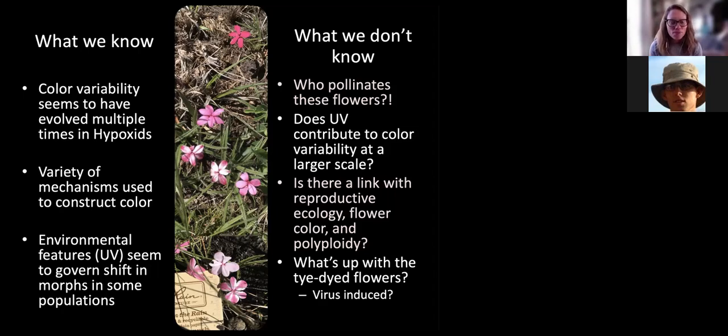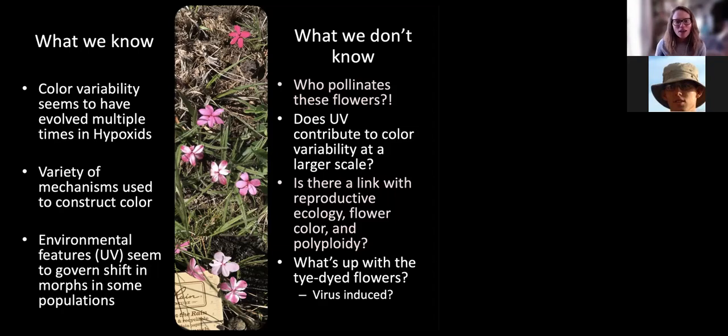There's been some really cool work in Aquilegia where they show that there is some virus affecting the anthocyanin pathway, and so maybe there's something going on there. I don't know if it's viruses in Rhodohypoxis, maybe it's something totally different, but it has gotten our brain cells moving.